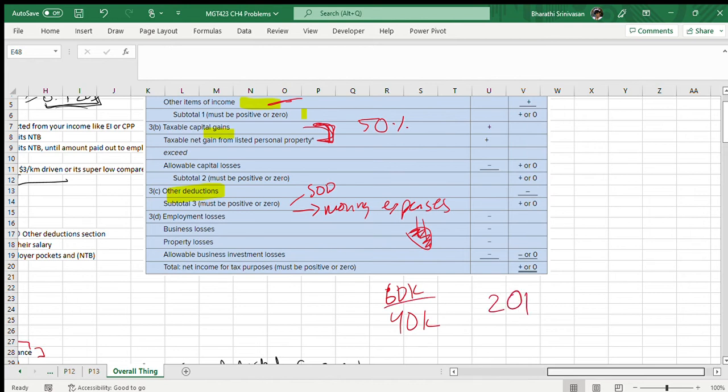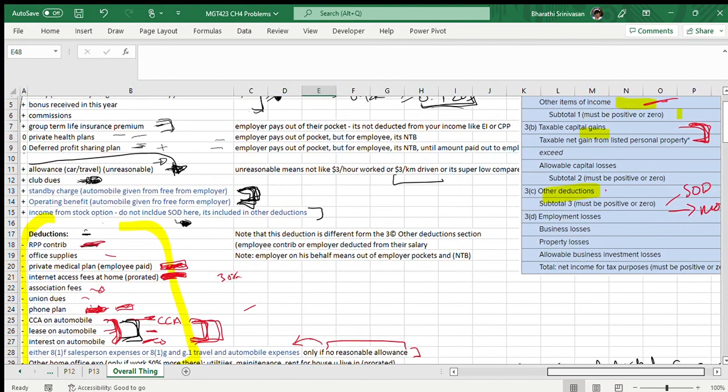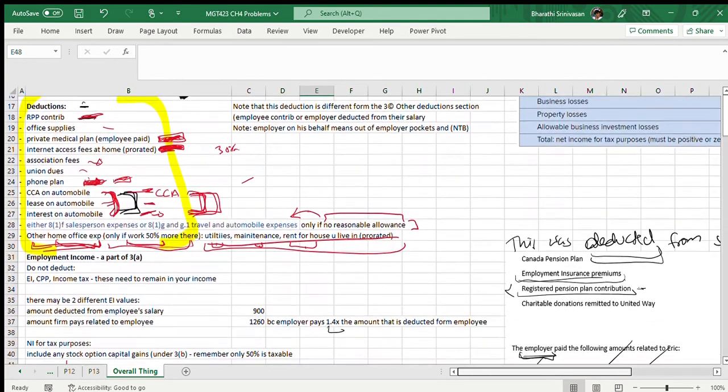The other 20K can go under here. I think there are some rules as to when you can ask for them. But for the general idea, that's one of the other deductions. I think that's it.